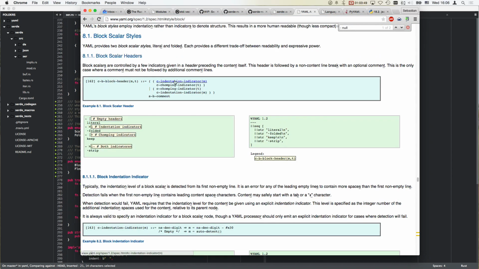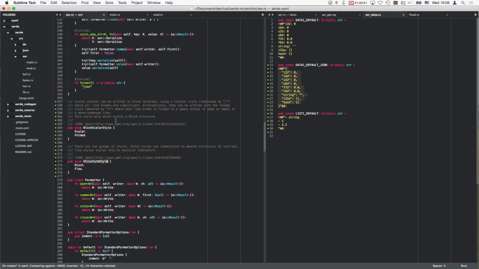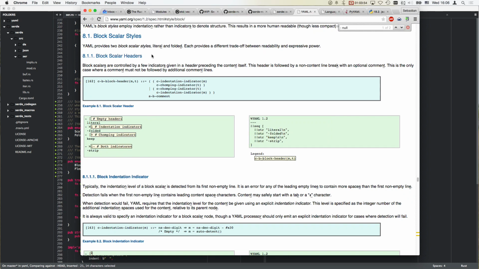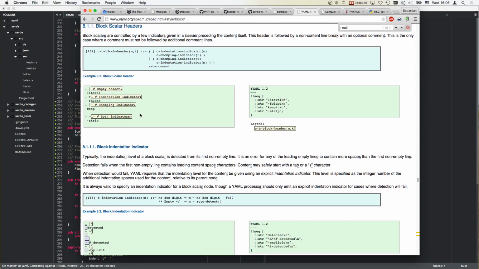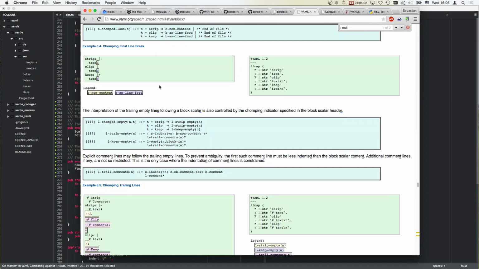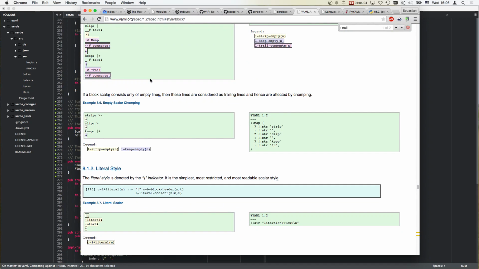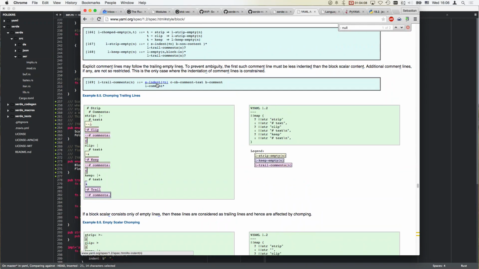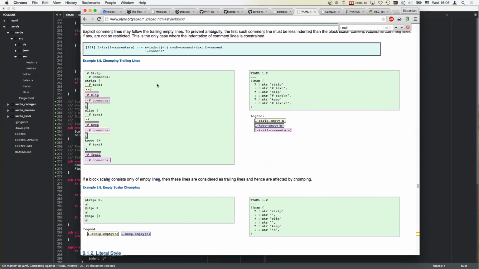So what about the block styles here? Scalar, block scalar style. Indentation indicator, chomping indicator. Huh. That's just how to specify it in the header, apparently.